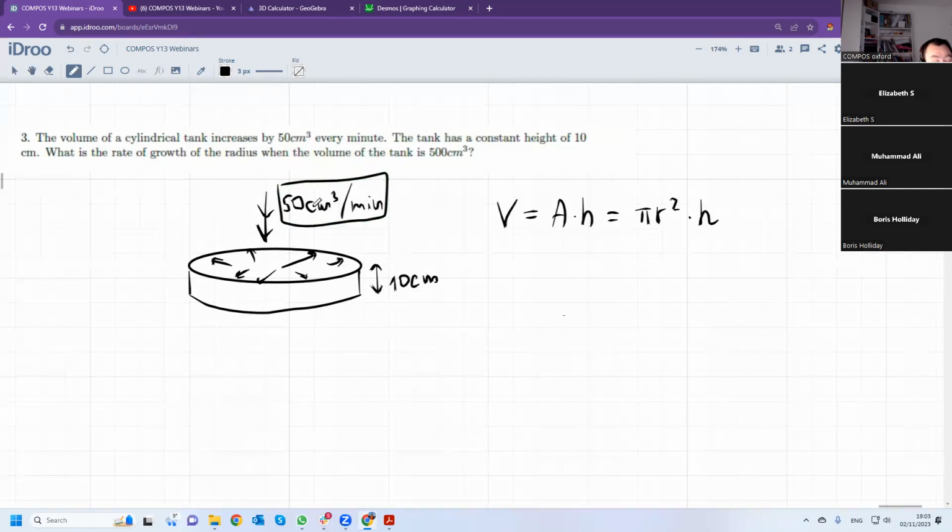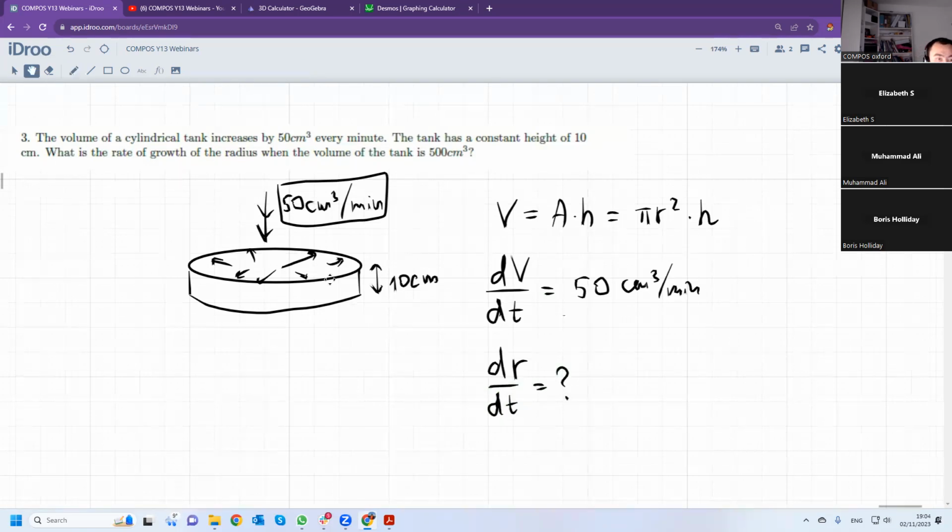This is the rate of the water being added. That's the rate of change of volume, dV/dt. That's 50 centimeters cubed per minute. And what they are asking, they're asking at which rate is the radius increasing.